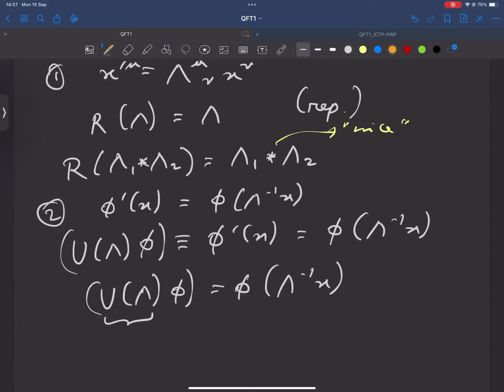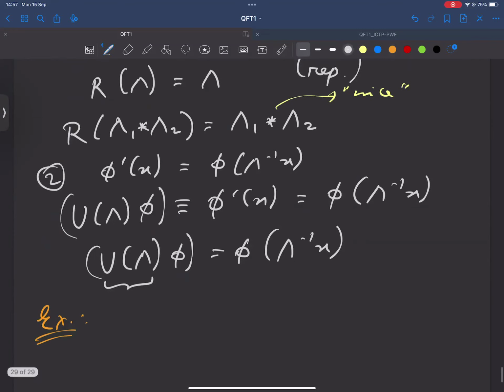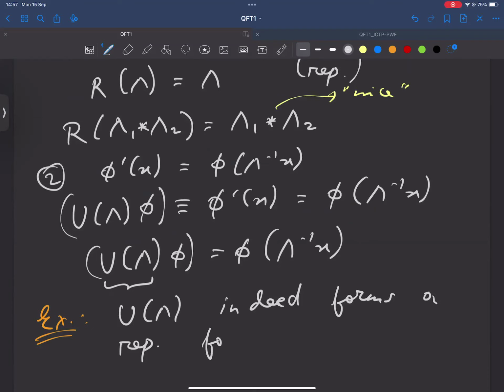Now this is an exercise again given in the lecture notes. So you show that U lambda indeed forms a representation for the Lorentz group. Okay, not the Lorentz Lie algebra.